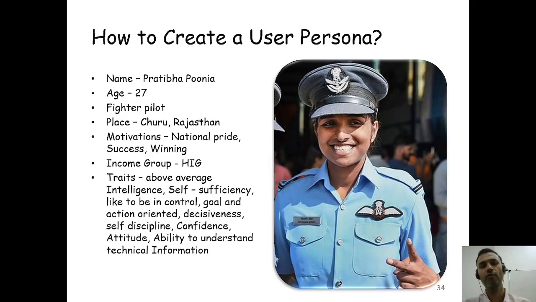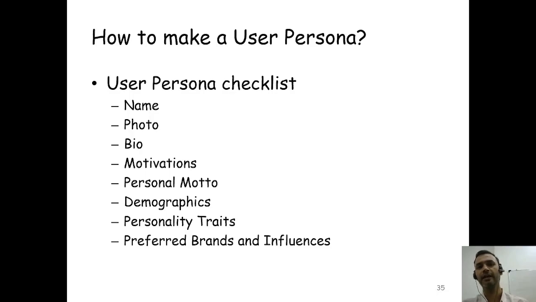I'll give you one more example of a female persona, how to create a persona. I've captured the following attributes. These are the demographics data, and then I've also captured some of the psychographic personality traits information of this persona here, right? So that is how you define the user persona. Let me also give you a checklist of making the user persona.